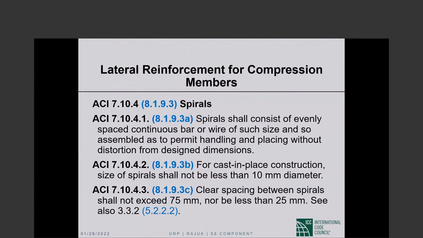For cast-in-place construction, size of spiral shall not be less than 10 millimeter diameter. Very important. Okay, minimum size. Clear spacing between spirals shall not exceed 75 millimeters nor be less than 25 millimeters. So clear spacing no more than 3 inches, no less than 1 inch.